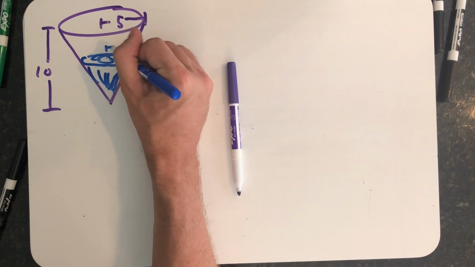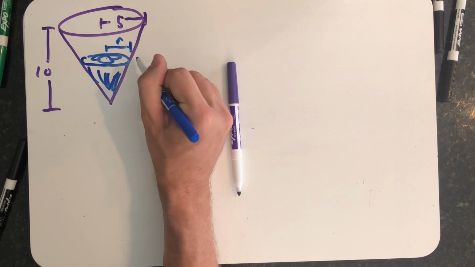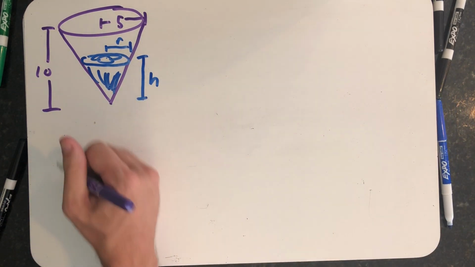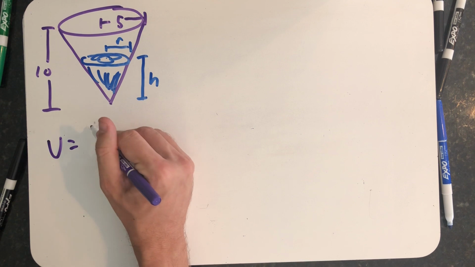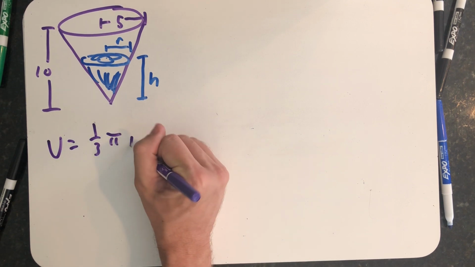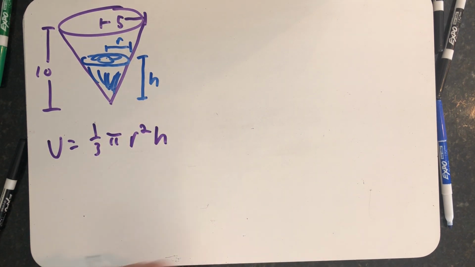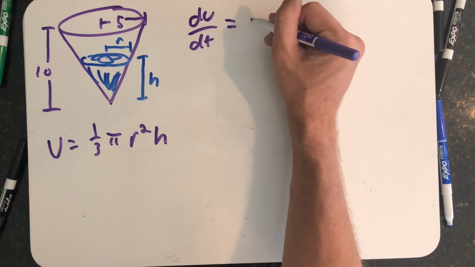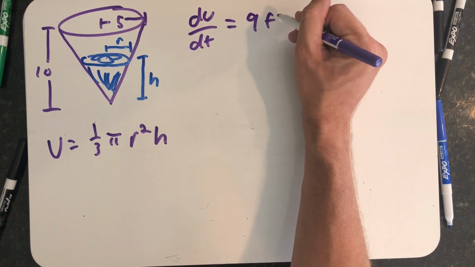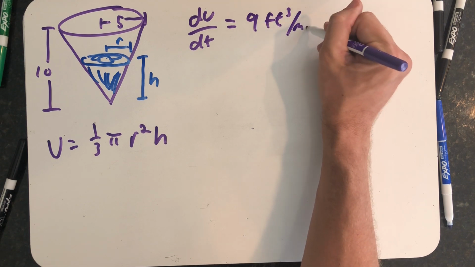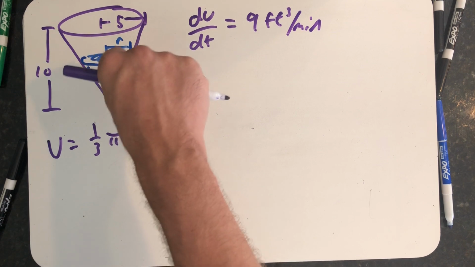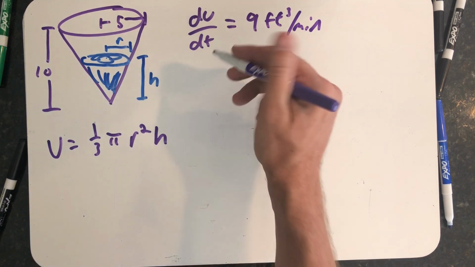And I've elected to call the radius of just the water R and the height of just the water H, giving rise to this formula. The volume of the water is 1/3 pi R squared H. I'm given dV/dt, which is 9 cubic feet per minute. And I'm looking for the rate of change of the height. I'm asked how fast is the water increasing?